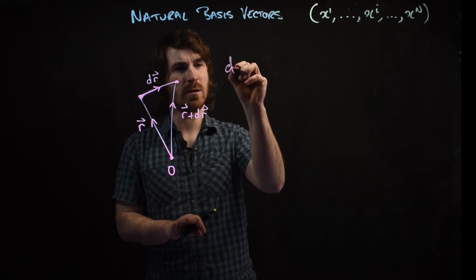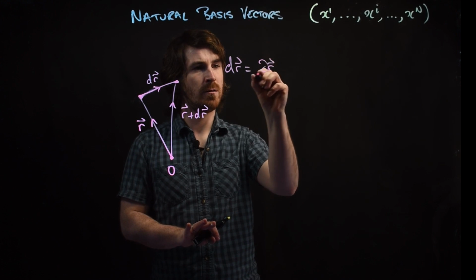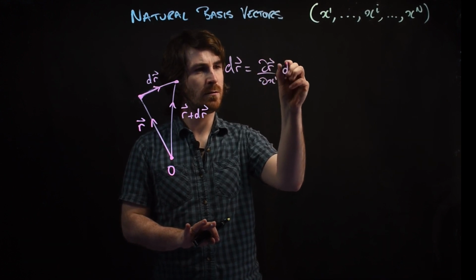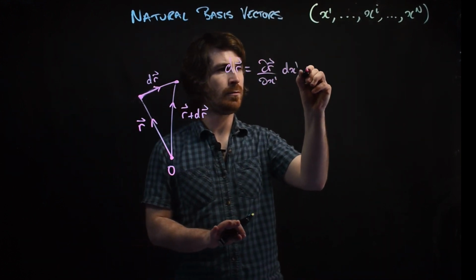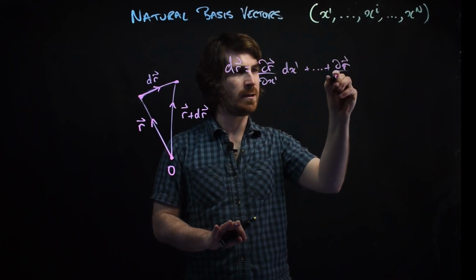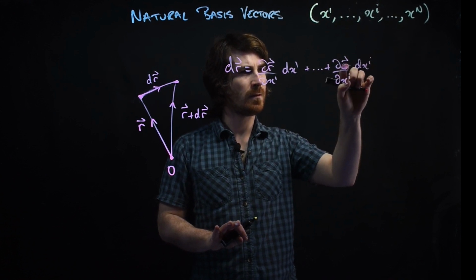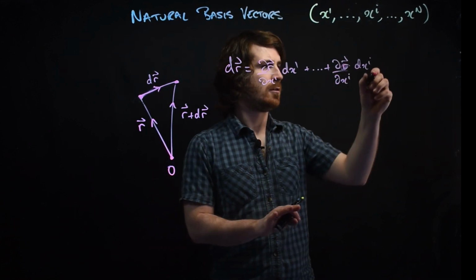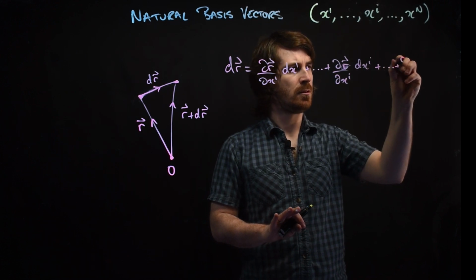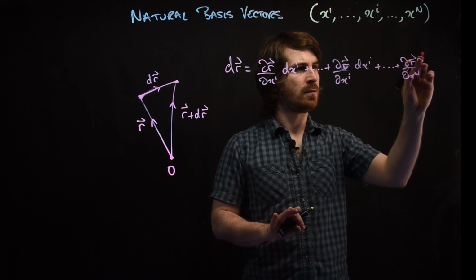And our dr is just given by the chain rule again. It's dr by dx1 dx1, plus, and let's have dr by dxi dxi, plus dr by dxn dxn.